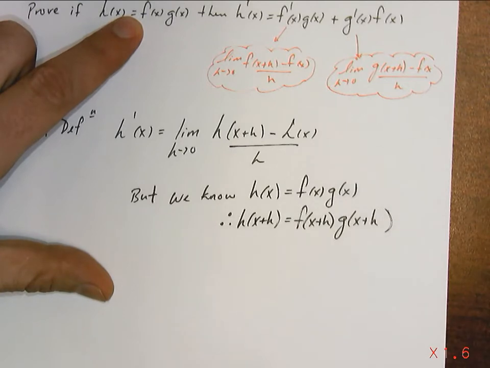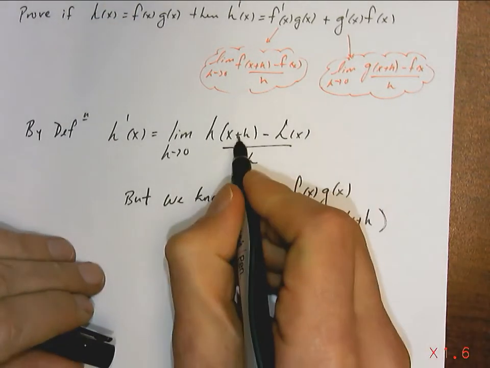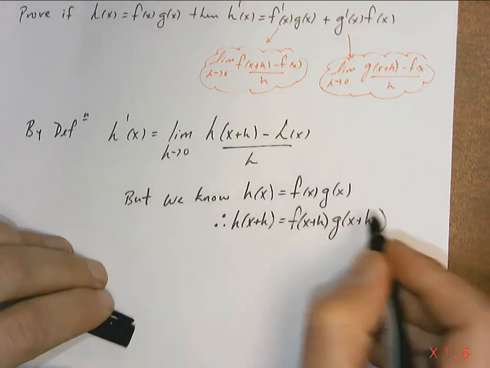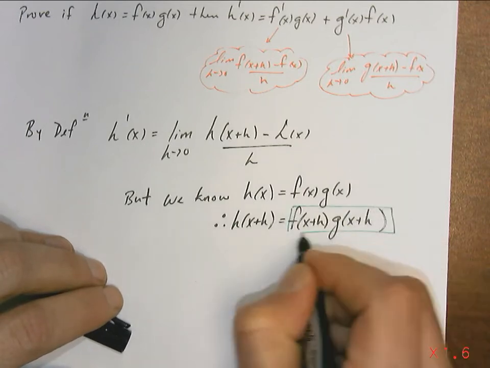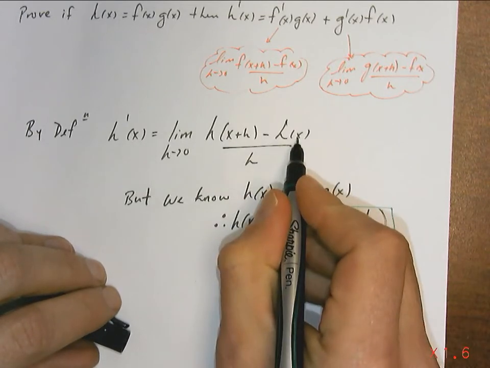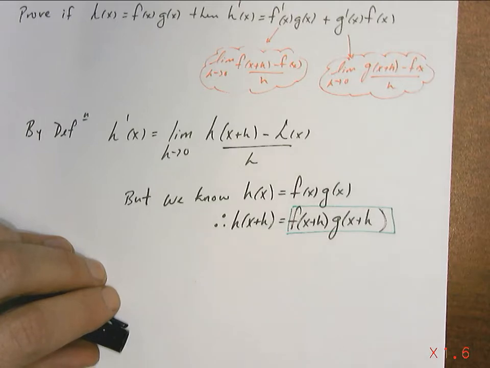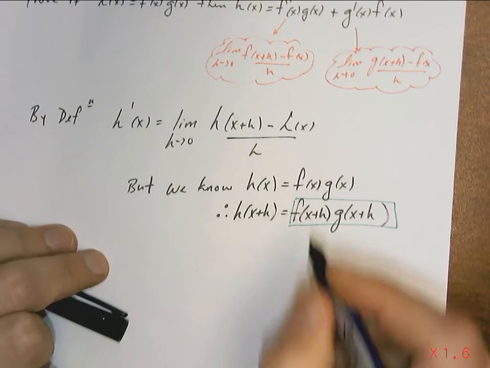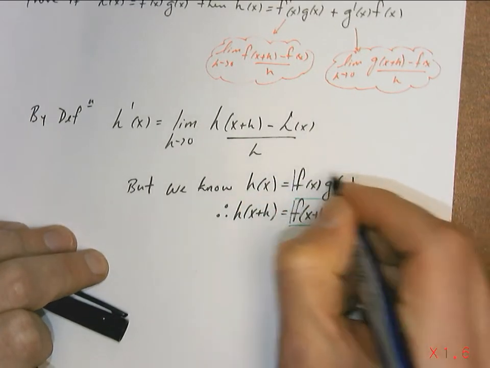Therefore, if we do a substitution, people, this h of x plus h gets substituted by this, and this h of x gets substituted by this.